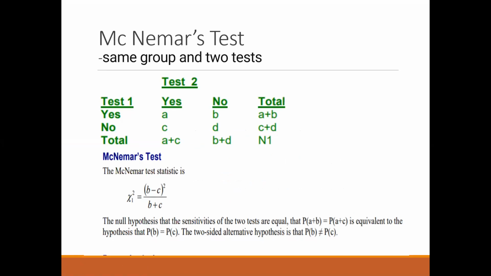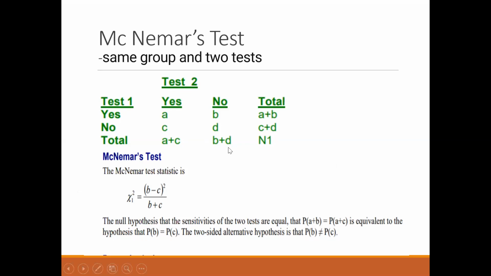Now suppose it is qualitative or categorical data, like we have 2 tests done on the same group, for example RT-PCR and antigen test, and we want to find the diagnostic accuracy. For testing the hypothesis, we can use McNemar's test to look whether there is a concordance or discordance between both tests.